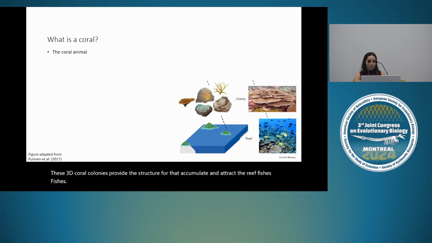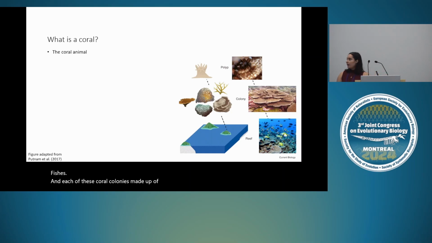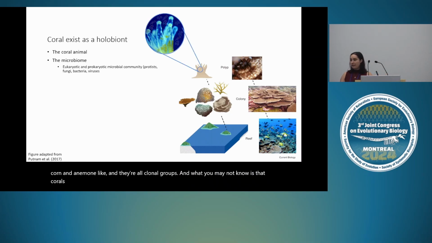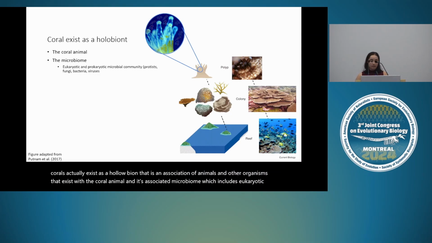And each of these coral colonies is made up of hundreds of polyps that are very jellyfish or anemone-like, and they're all clonal groups. And what you may not know is that corals actually exist as a holobiont. That is an association of animals and other organisms that exists with the coral animal and its associated microbiome, which includes eukaryotic and prokaryotic microbial community.